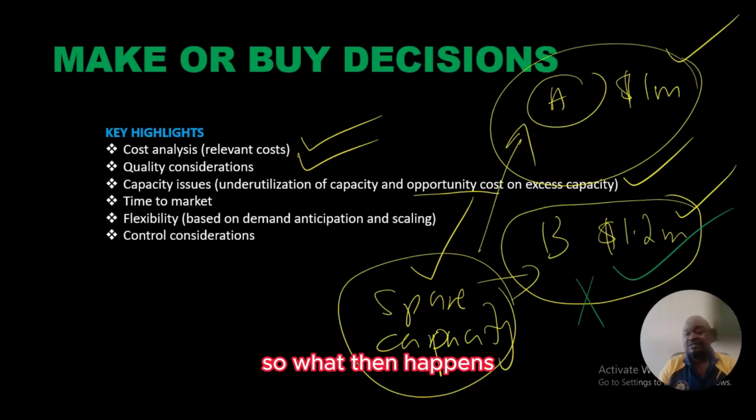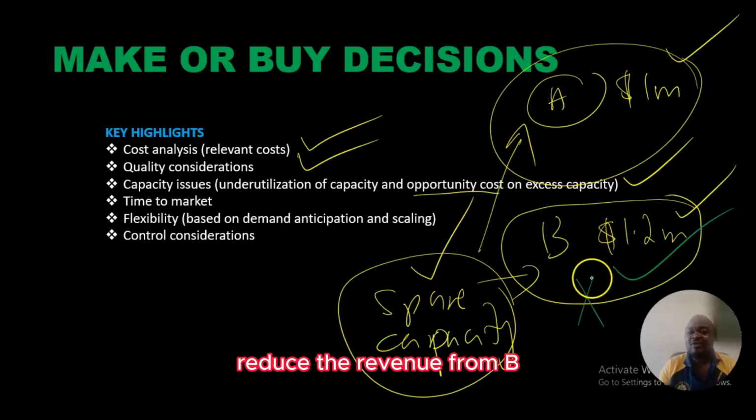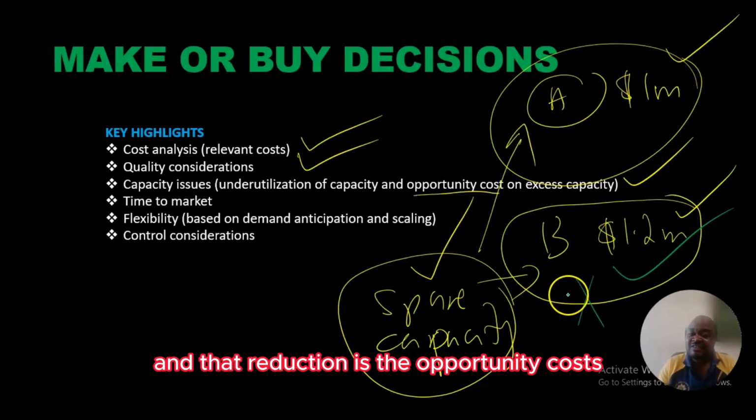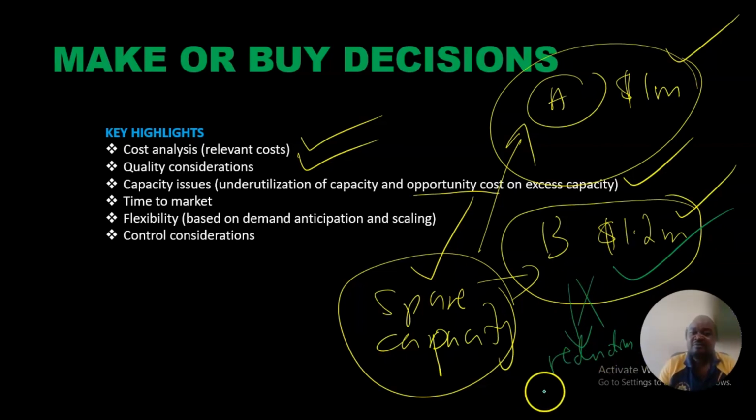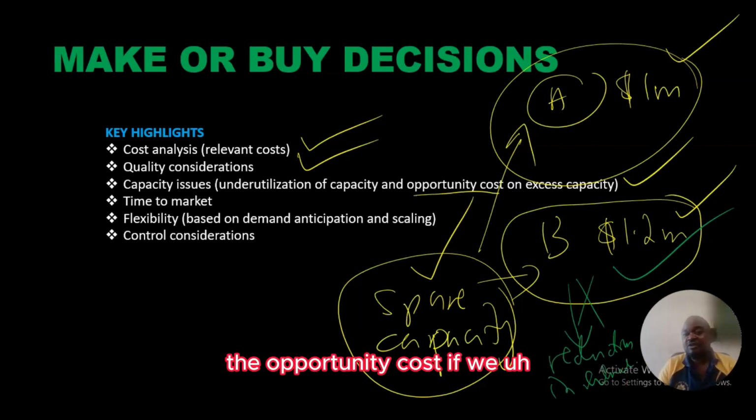So it's either we consider some costs to reduce the revenue from B, and that reduction is the opportunity cost. The reduction in revenue from the existing contract becomes the opportunity cost.